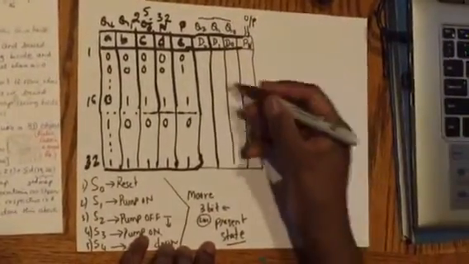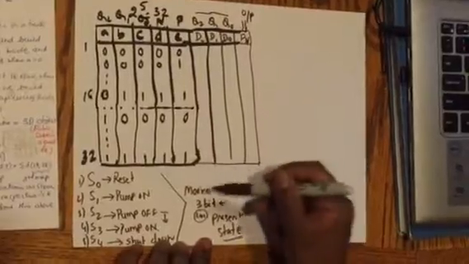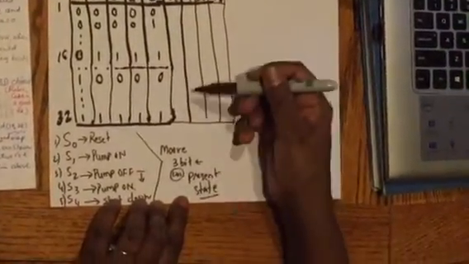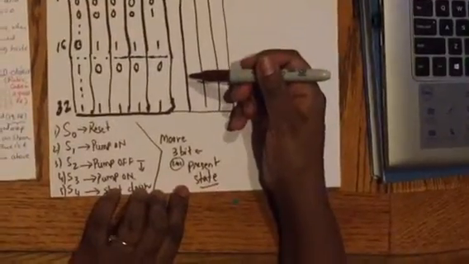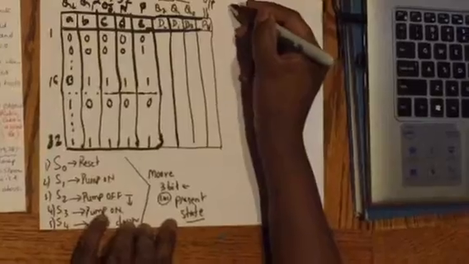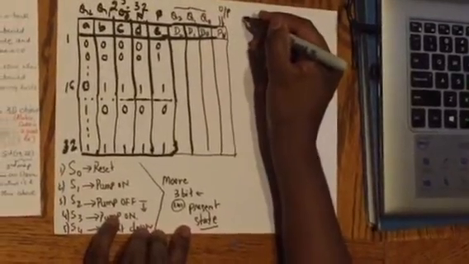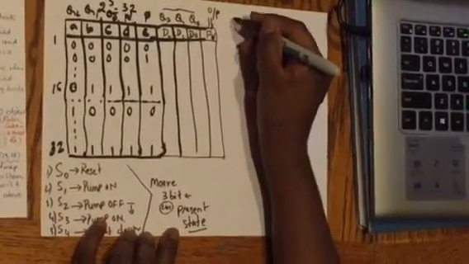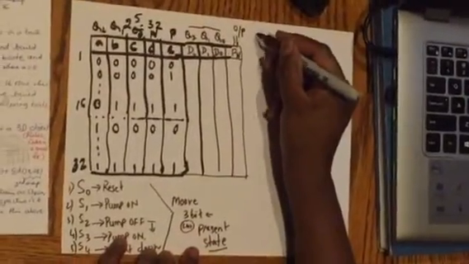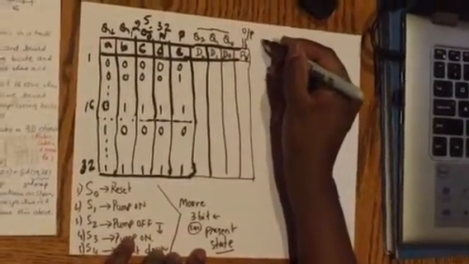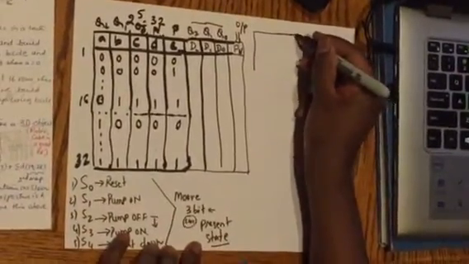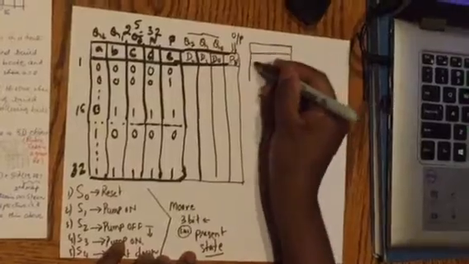So assuming that you wrote the circle diagram or the state diagram and converted it to a state transition table, the next step would be to create a variable map. Because there are 5 variables here, you would need a 5-variable K-map. To write a 5-variable K-map, you would begin in this manner.